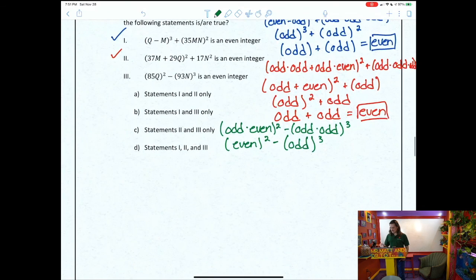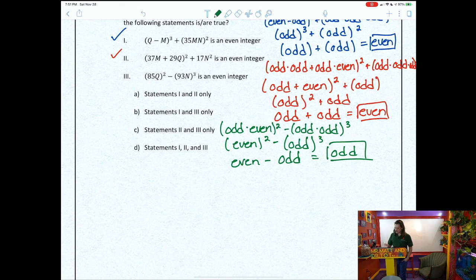An even squared is going to be even. An odd times an odd times an odd is still going to be odd. An even minus an odd will be odd. So statement 3 is not true. So our answer is going to be statements 1 and 2 only, which is answer selection A.